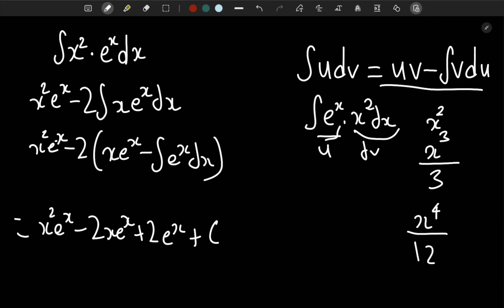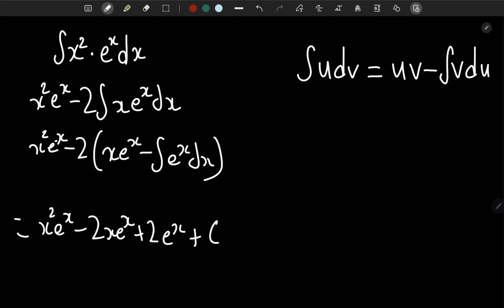So that's why it is always best practice to choose your u as your polynomial and everything else as your dv. You will get the same answer even if you choose the other way around, but it's just more complex. So that's that.